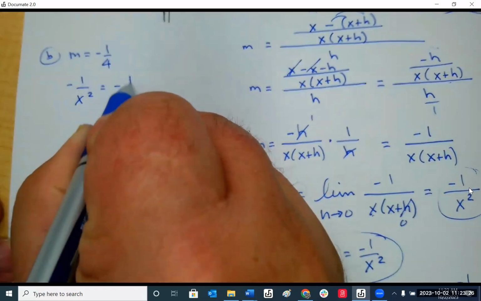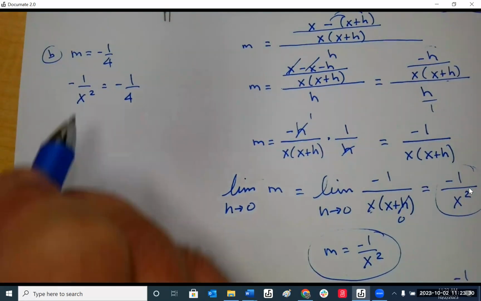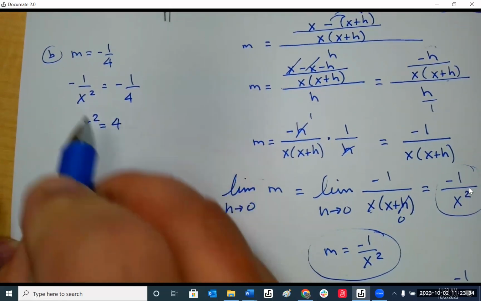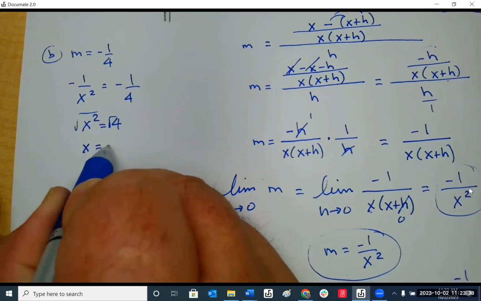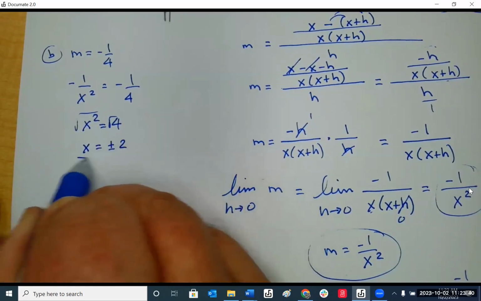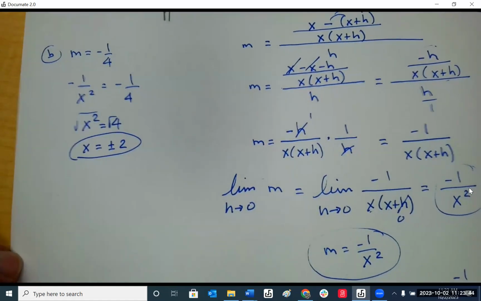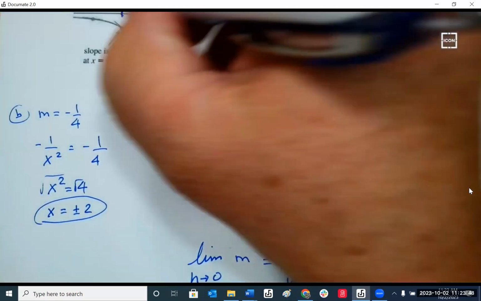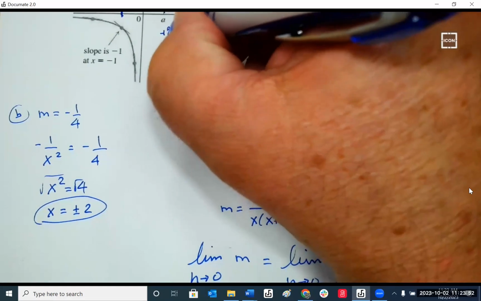Where does that equal negative 1/4? Wherever x² equals 4, it equals negative 1/4 at x equals -2 and 2. It echoed here at -2 and here at +2.